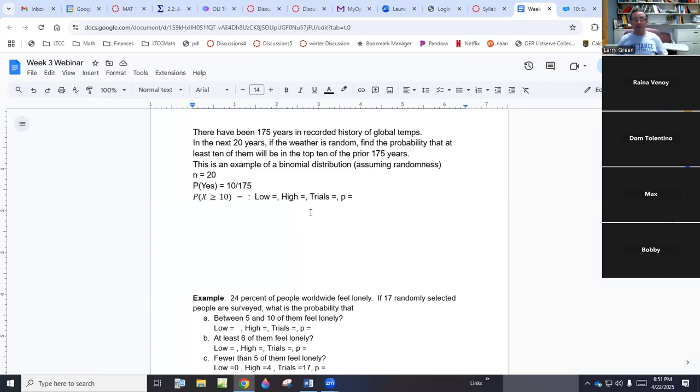Should be very obvious. Not one. If you only have one in the top 10, you don't have greater than or equal to 10. 10 is the smallest number that's greater than or equal to 10. What's the biggest number that's greater than or equal to 10 that could happen?